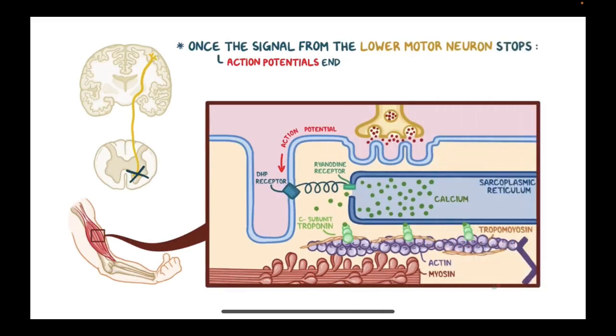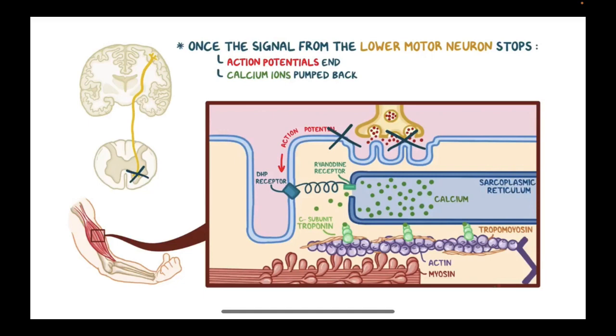Right. Now, once the signal sent from the lower motor neuron stops and the action potential ends, everything comes to a halt. This is because the calcium ions are pumped back into the sarcoplasmic reticulum by the calcium pump that uses ATP.